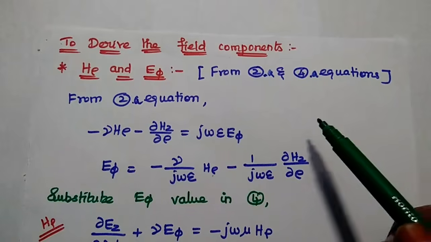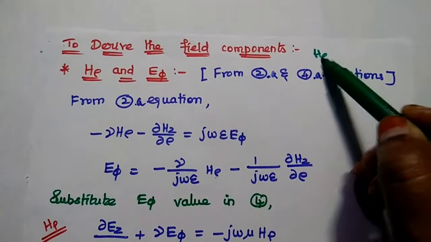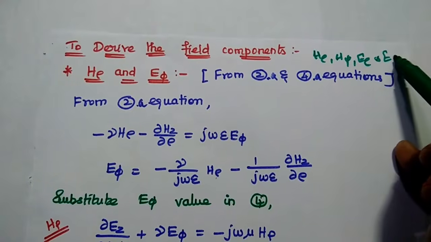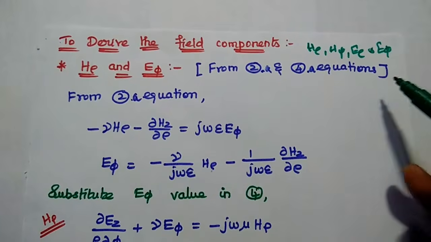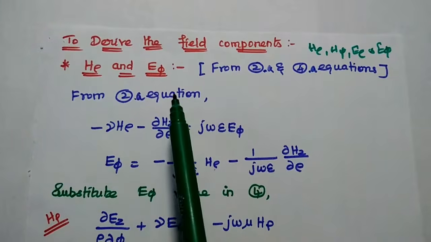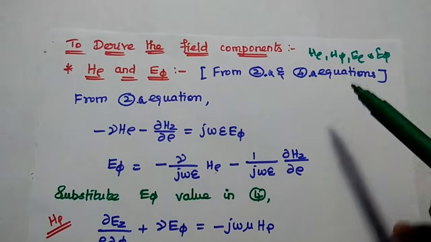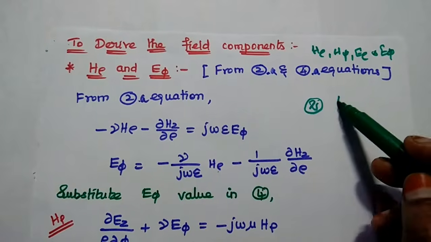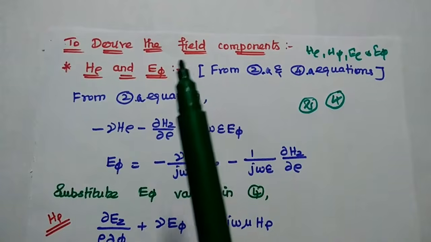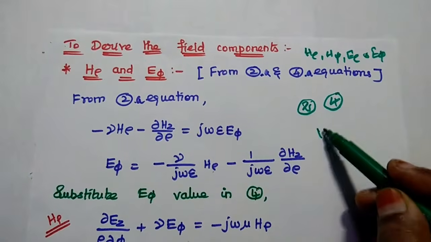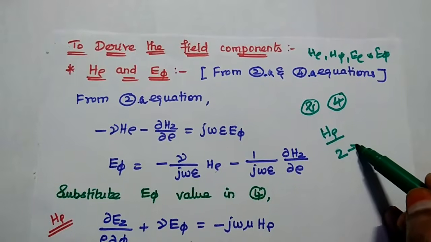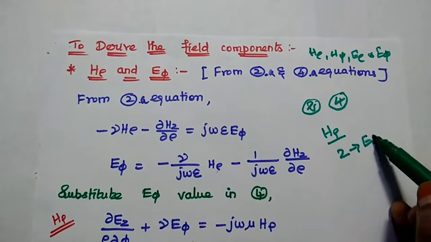Next we are going to derive the field components Hρ, Hφ, Eρ and Eφ. These are the field components of the circular waveguide. First we can take the Hρ and Eφ components. For these two components, we have to consider the second and fourth equations. Remember, to find Hρ, first we take the second equation, from which we get the Eφ value.